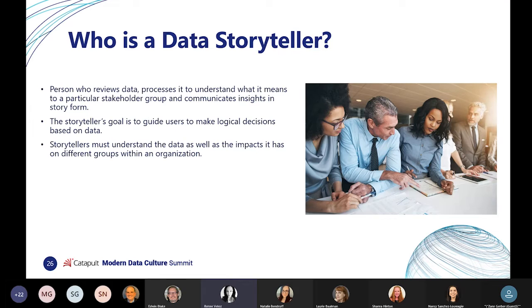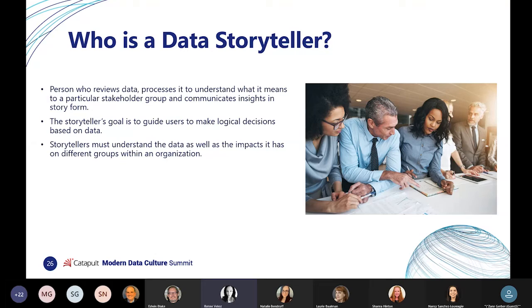It's important to note here that data storytellers are not only data scientists. They're business analysts, managers, your data analysts, your business partners, anybody who's reviewing the data and analyzing it, and is able to form a story about it so that stakeholders can understand. These are your data storytellers.